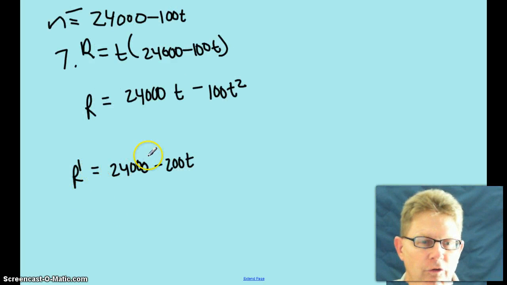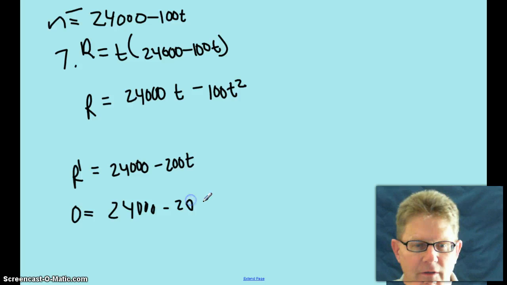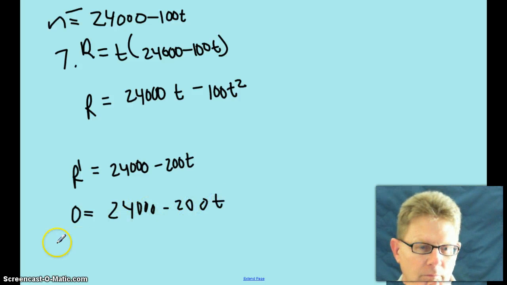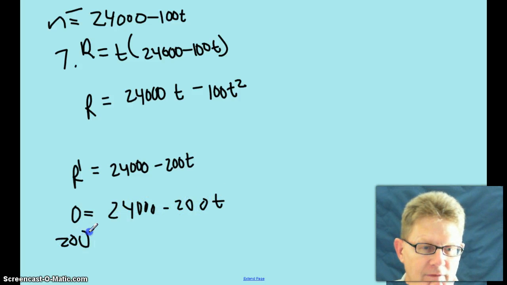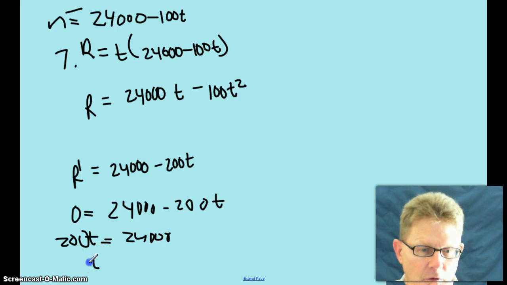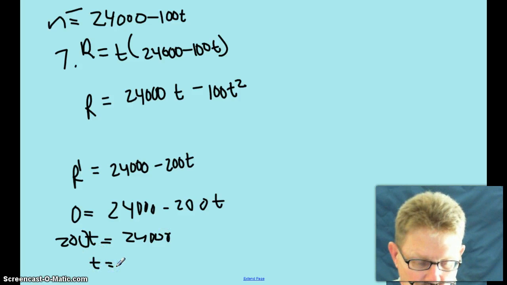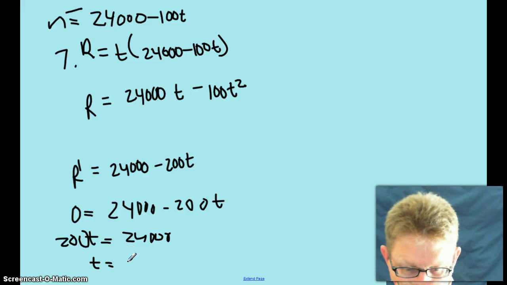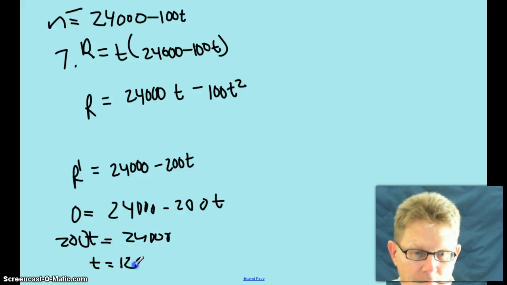Okay, R prime is 24,000 minus 200T. Set that derivative equal to 0. 24,000 minus 200T equals 0. 200T equals 24,000. So the price in halfpennies should be 120 halfpennies.